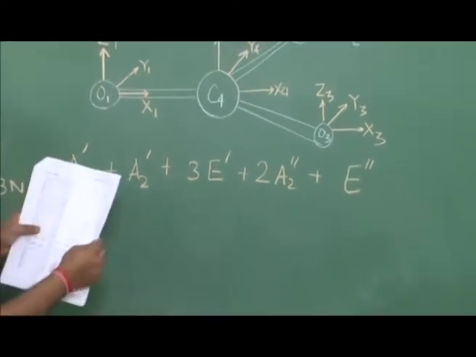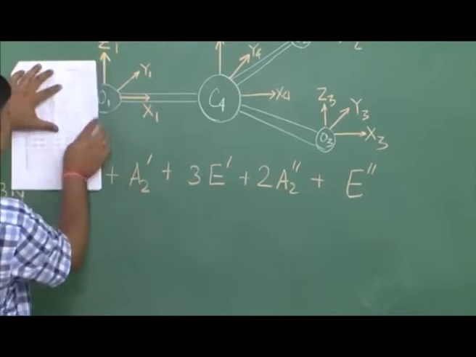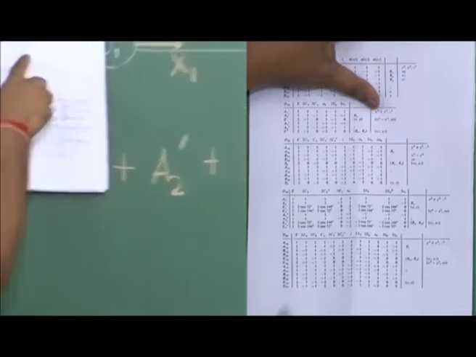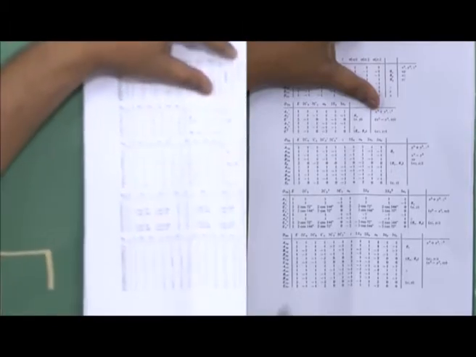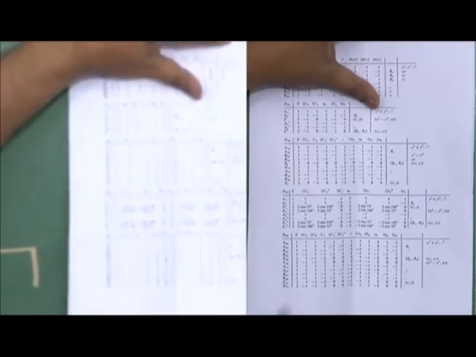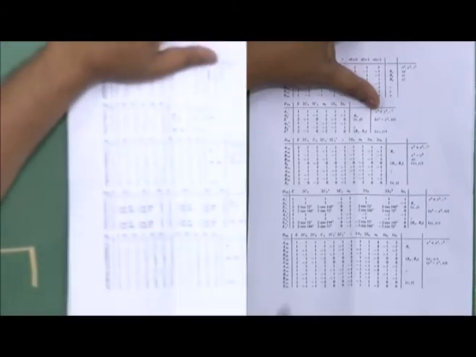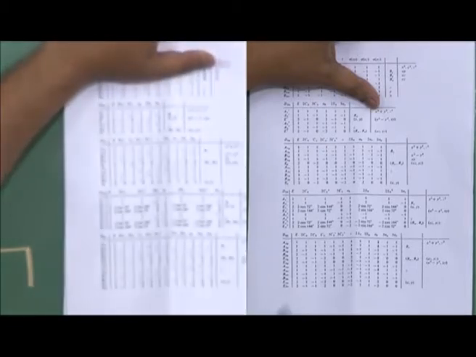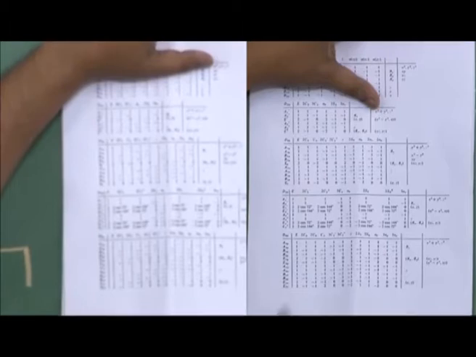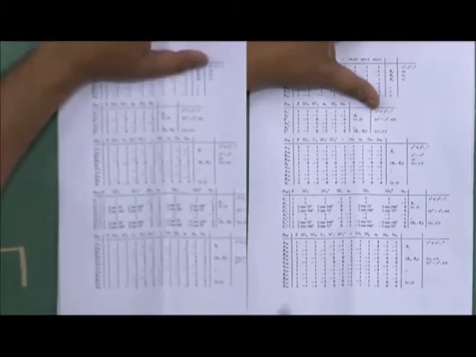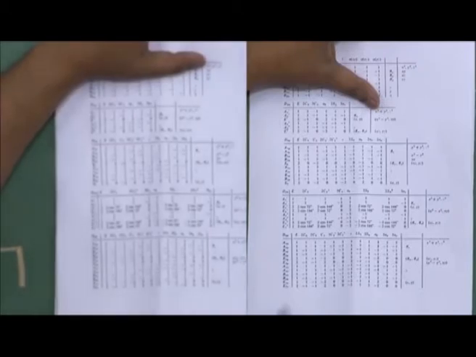So if you concentrate on this particular character table here, the area 3 and area 4 for D3h, you will see that there are different linear functions that we have already discussed. So now what we have to do? For translation, we have to look at the irreducible representation for which the linear functions, that is Cartesian coordinates x, y and z, form the basis.